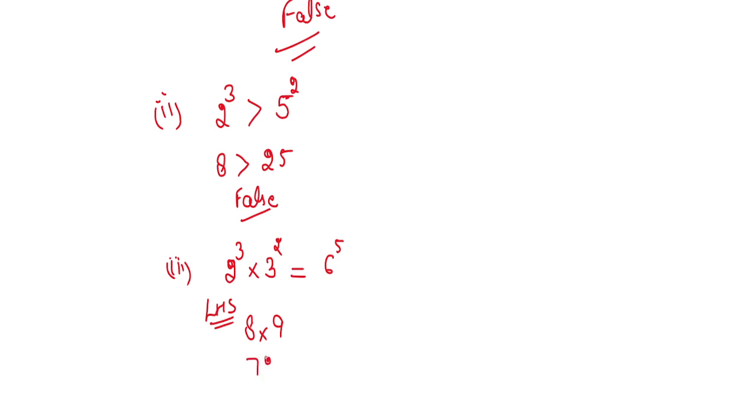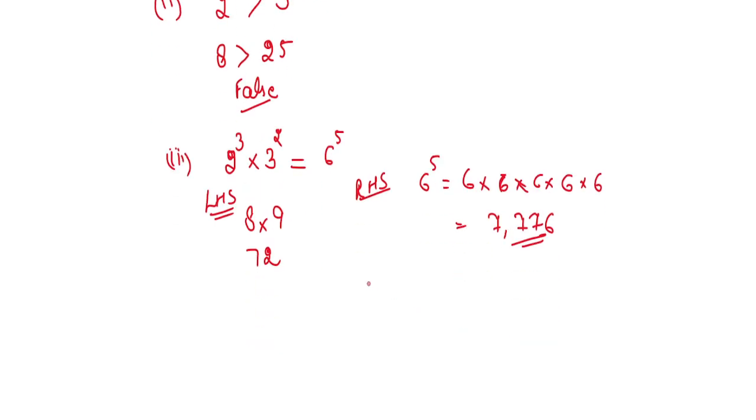So 8 nines are 72. Now move to the RHS. The RHS is 6 raised to the power 5. It means 6 how many times? 5 times, right? Like this: 6 multiplied by 6 multiplied by 6 multiplied by 6 and multiplied by 6. 1, 2, 3, 4, 5, right? Now when you multiply, you get 7,776. So it means the LHS is not equal to the RHS. So it is also false, right?